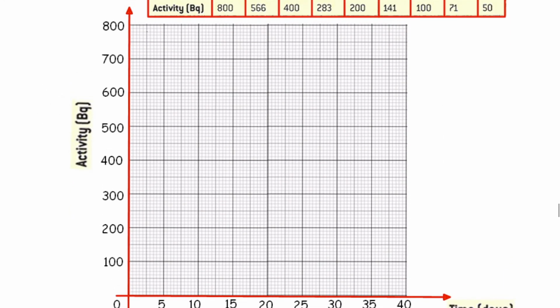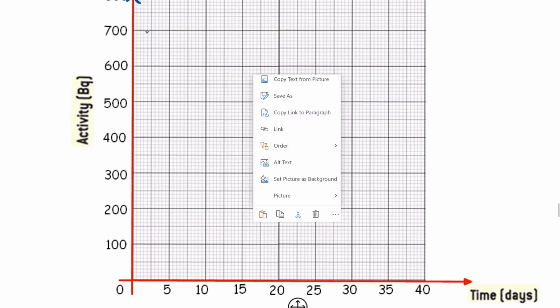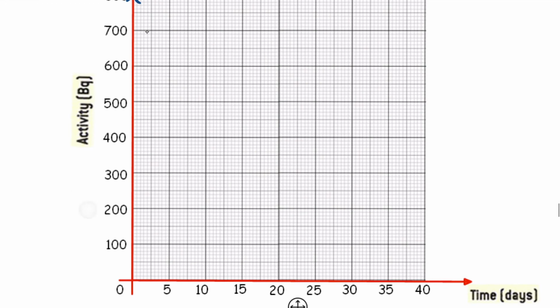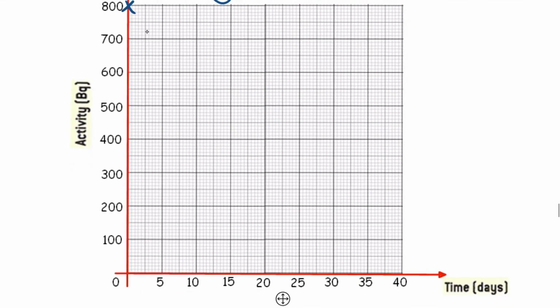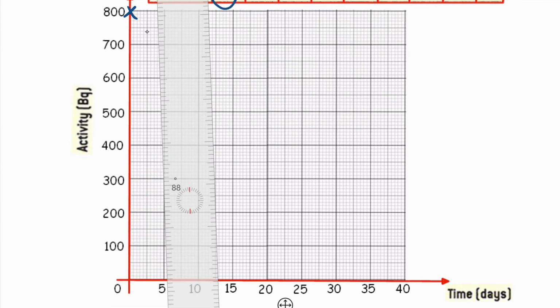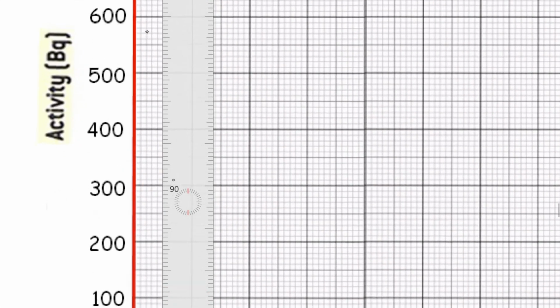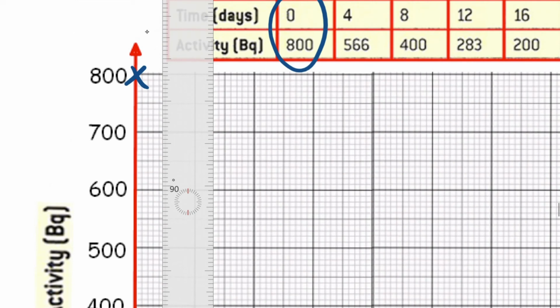All you do is take each one of these points, so 0 and 800, and come up from 0 to find 800 is there. Next one, 4. You go up from 4, get your ruler, and 4 is, I'm going to zoom in a bit here, this will help me. 566.